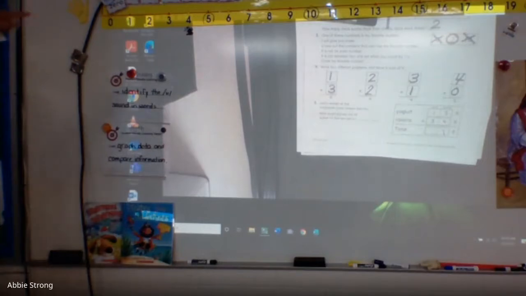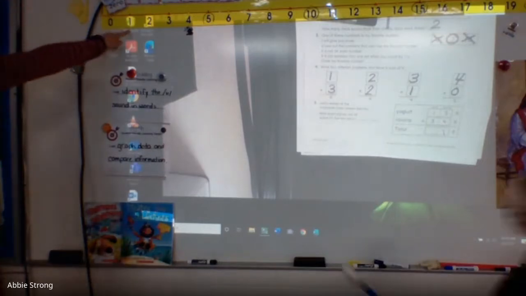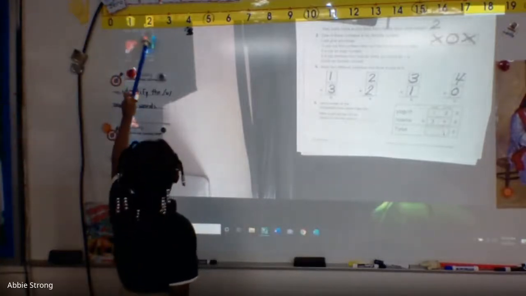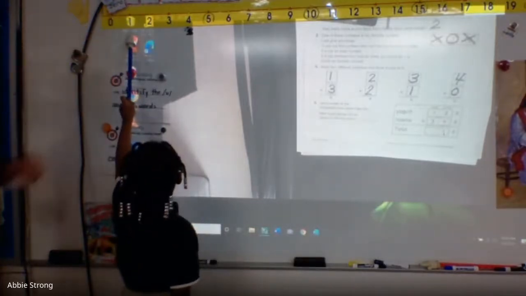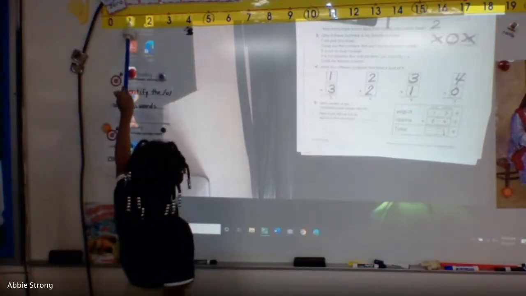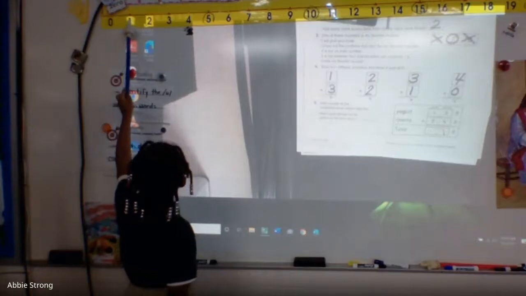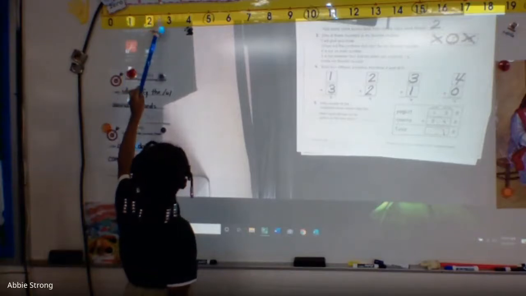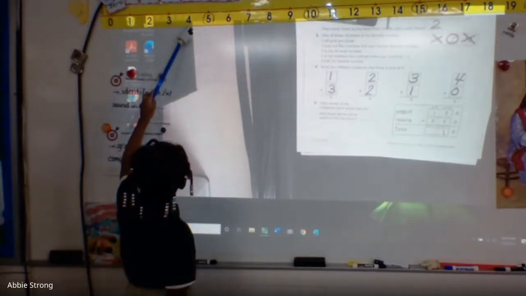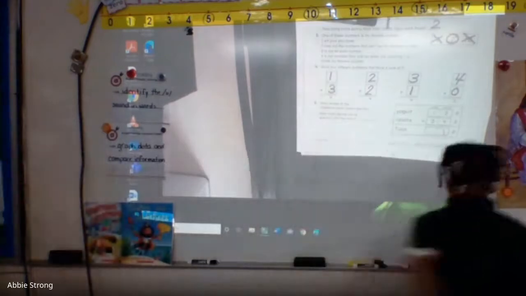Okay, you can put your pointer on my number line right here. Hop 3 times. 1, oh, that's the one where you started. So you're going to count after you land on your new spot. So that's 0. Go ahead. 1, 2. Yep. What number is that? 4. Good. So write a 4 in that box.